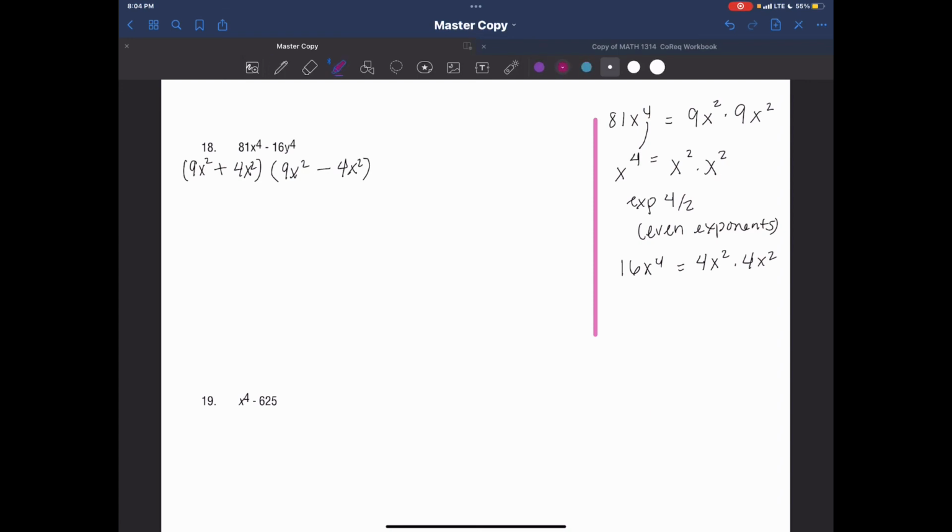And we're running into a unique situation here because this second number sentence is also the difference of squares. So I'm going to factor this again.